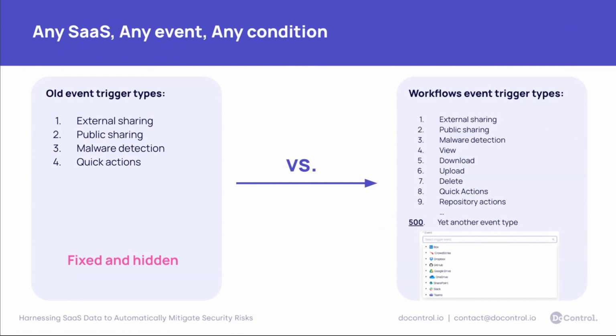We can support more than 500 events, and any new event that is exposed by the SaaS app, or if the SaaS application adds additional events, we will get it automatically and seamlessly. So no code change is needed in our solution, and our customers will benefit. They will just appear in our mechanism. So no hard-coded events, nothing.